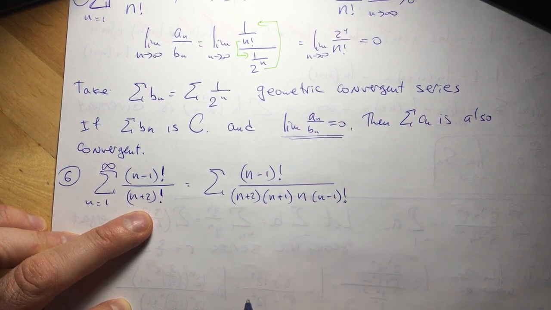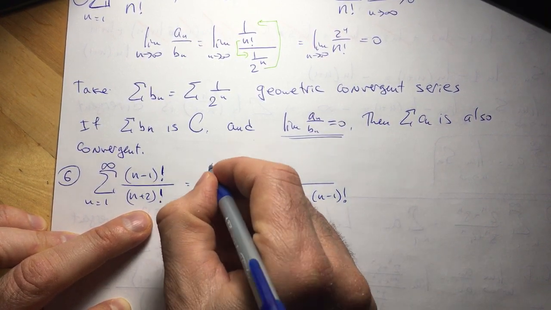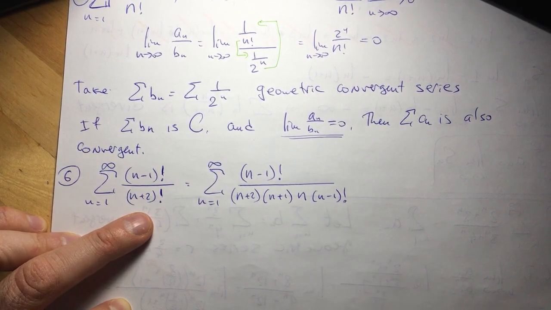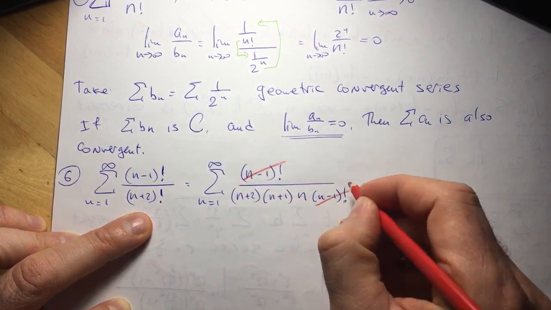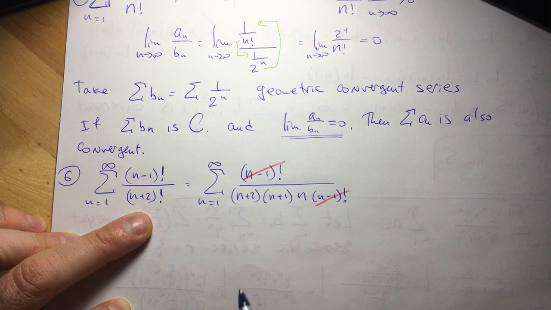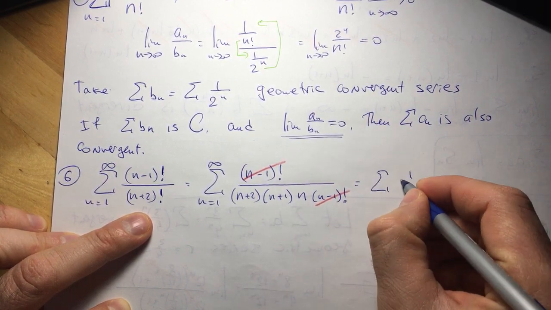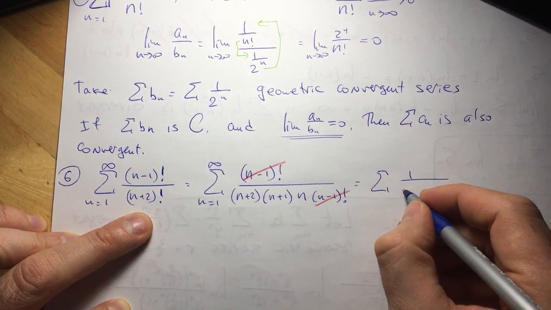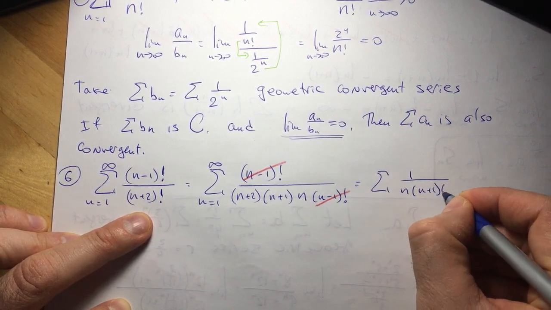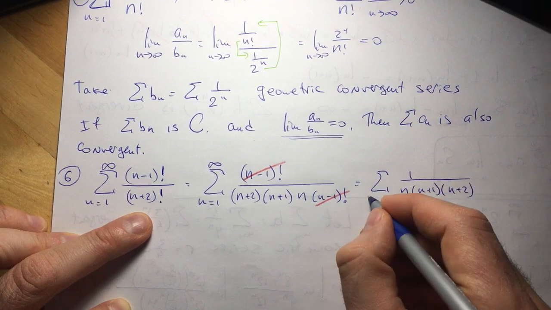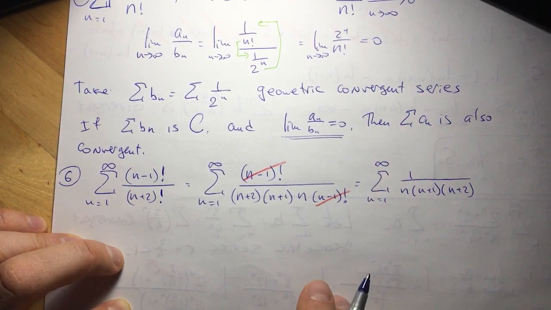And here I stop. Why? Well, because now I can cancel the n minus 1 factorial, and the new expression for the same series is 1 over n times n plus 1 times n plus 2, n goes from 1 to infinity.